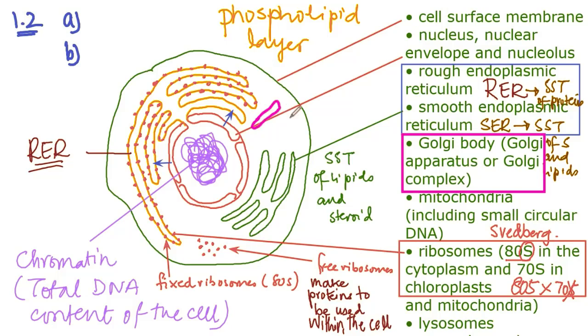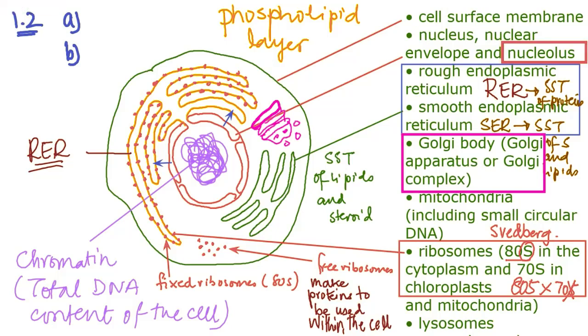All of those proteins which are made by fixed ribosomes attached on the rough endoplasmic reticula are going to be modified by the Golgi apparatus. Golgi apparatus is a stack of multiple membranes. We're going to talk about the details of the Golgi apparatus and how they perform their function. They usually enclose the proteins in small vesicles.